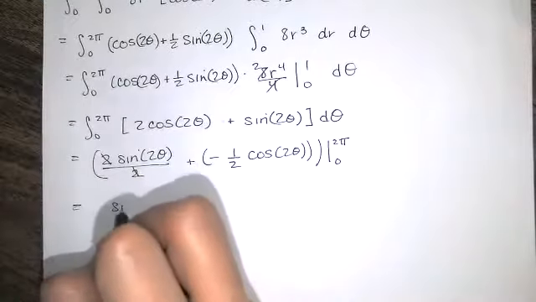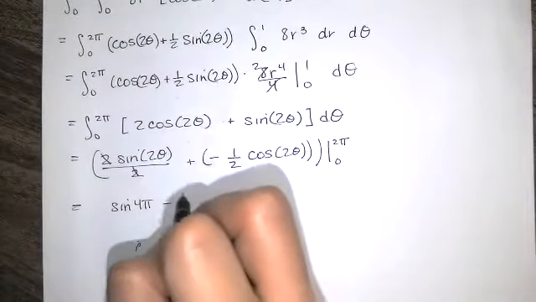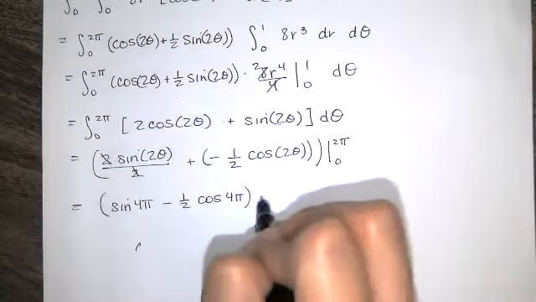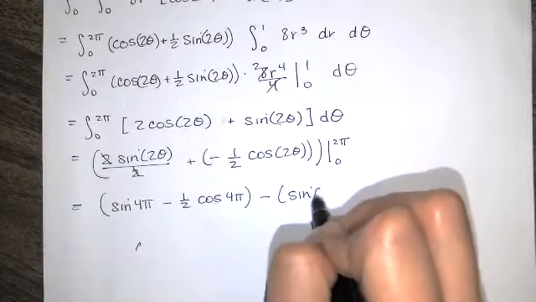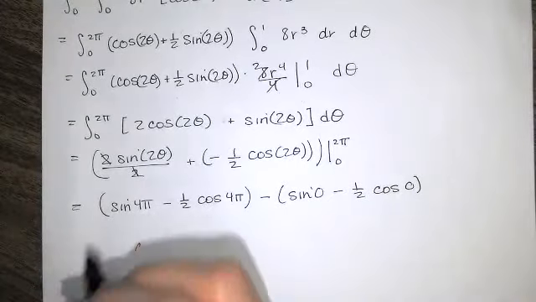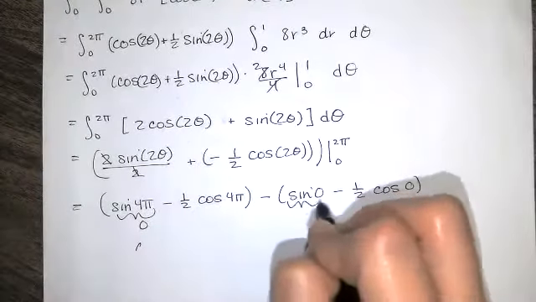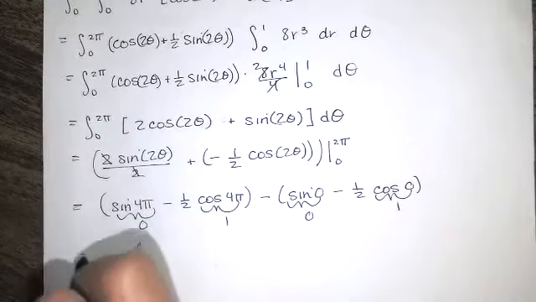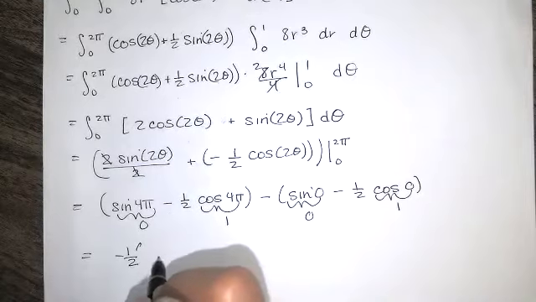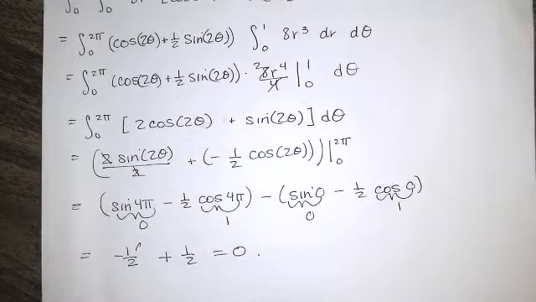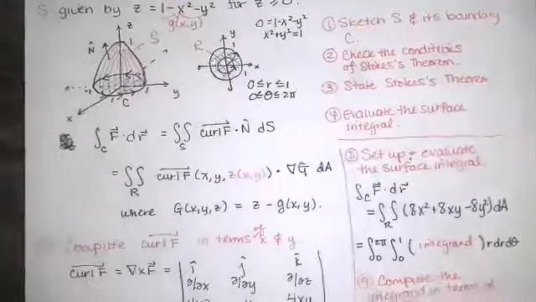So we end up with sine of 4 pi minus 1/2 cosine of 4 pi minus sine of 0 minus 1/2 cosine of 0. Sine of 4 pi is 0, sine of 0 is 0, cosine of 4 pi is 1, cosine of 0 is 1. So we end up with negative 1/2 minus a negative 1/2. So we end up with 0 again. Wow, that was 0. Okay. A lot of these end up being 0 for some reason.